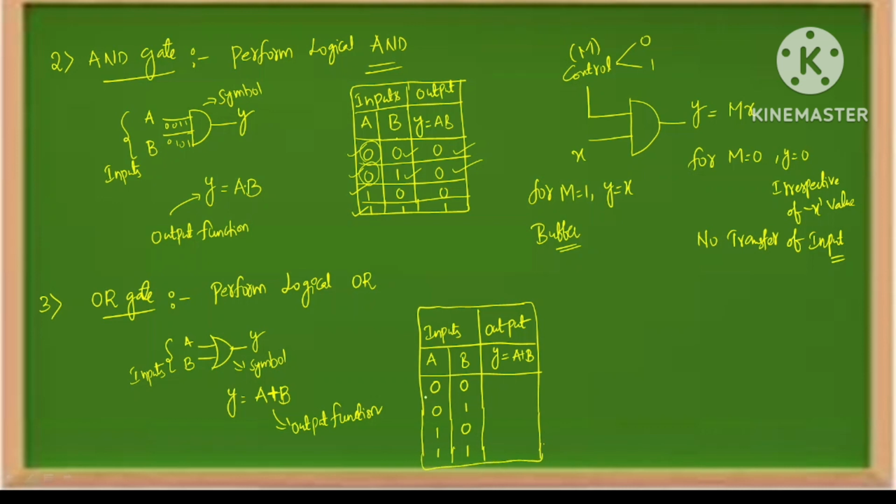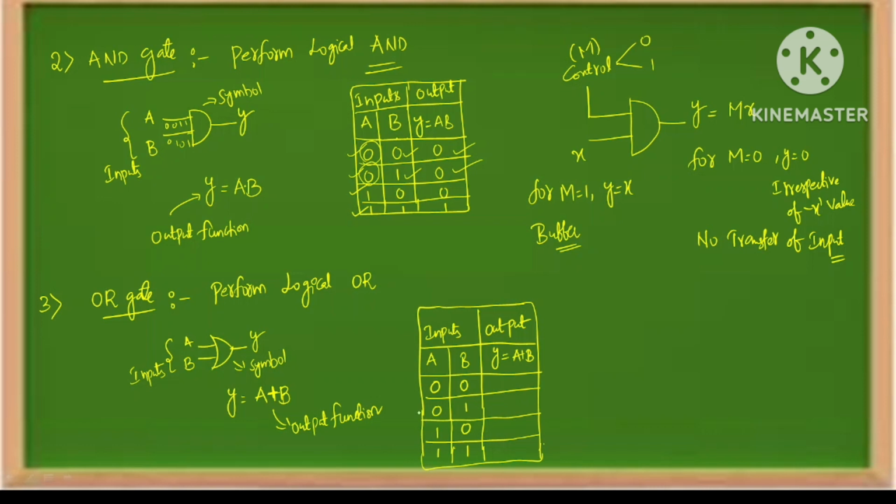Now we need to understand what the output is for each input combination. As I am performing the logical OR operation, if any one of the input variables is logic high, the output is high.